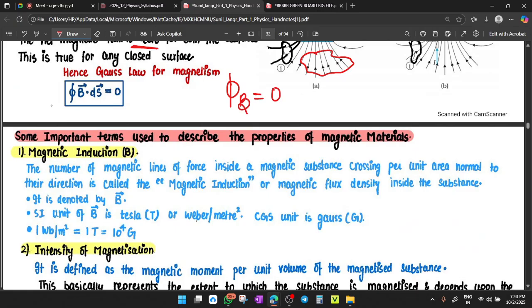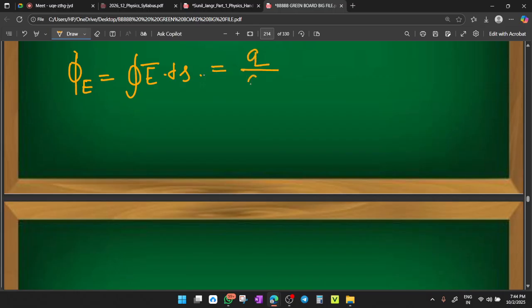Phi B, there is also phi E. Phi E refers to the electric flux, and phi B refers to the magnetic flux, which is always equal to 0. Clear? Now, the electric flux phi E is given by the surface integration of electric field E dot dS, which equals Q by epsilon naught.